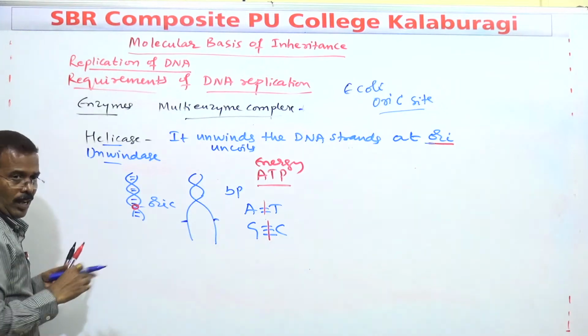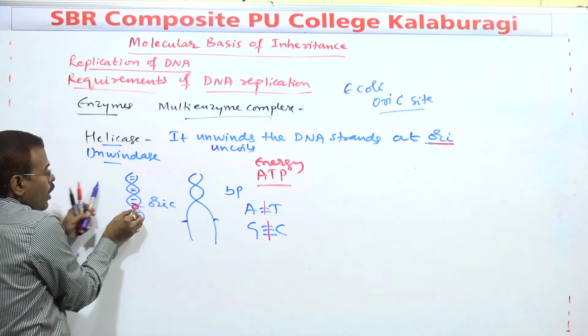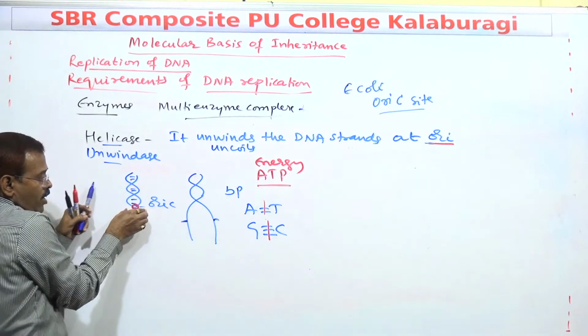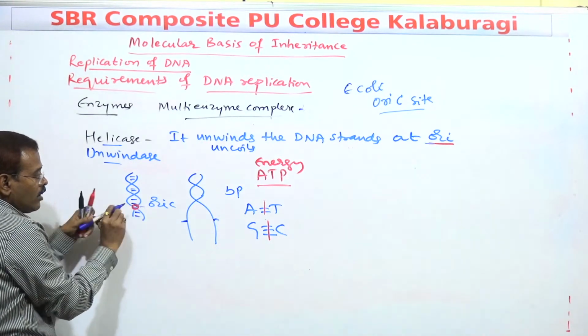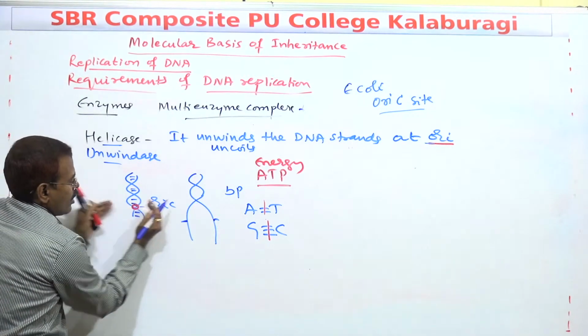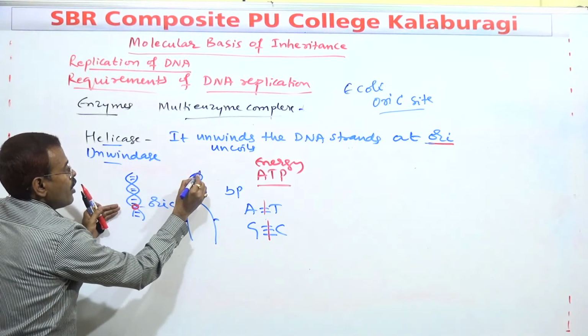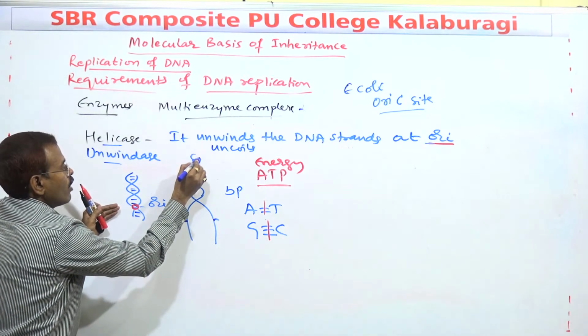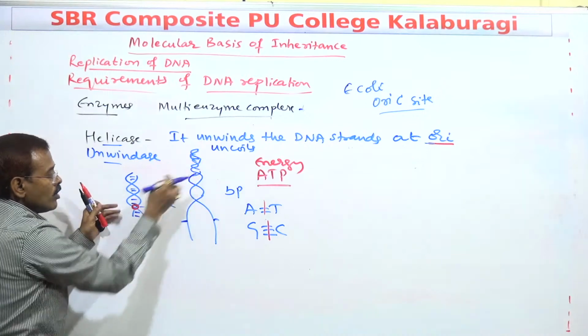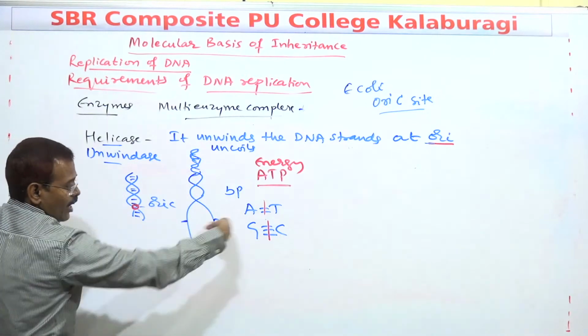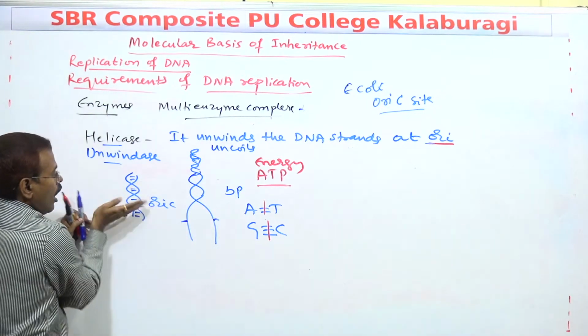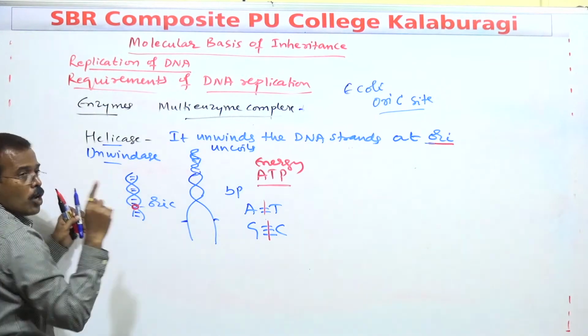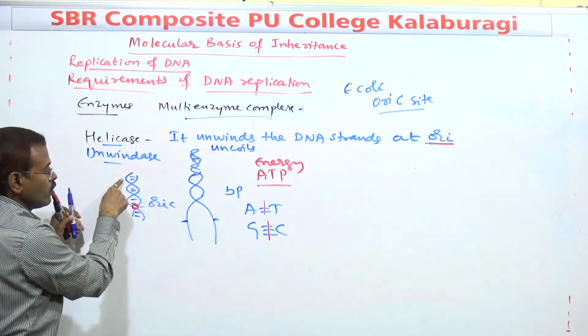Helicase will bind and start melting the hydrogen bonds between the base pairs, and the DNA strands get uncoiled. Now, when the DNA strand gets separated from this side, on the opposite side more revolutions or turns are formed.